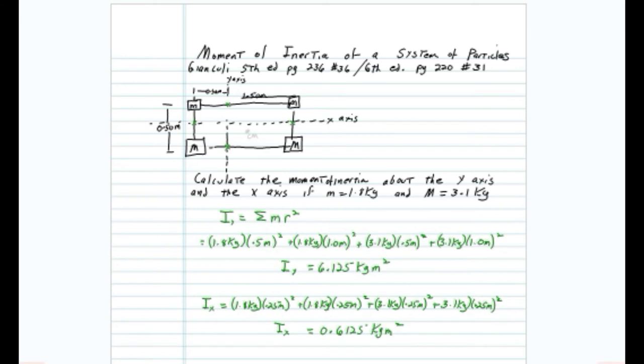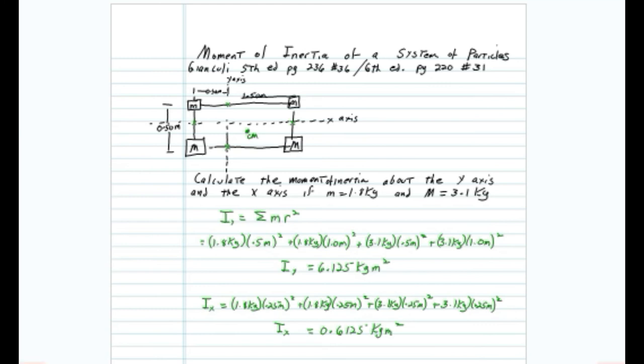It's definitely going to be lower than that. And the mass on the left and the mass on the right are the same, so it's going to be halfway between the left side and the right side. So in other words, the center of mass is probably going to be, just conceptually speaking, somewhere about here. So let's call that the center of mass.